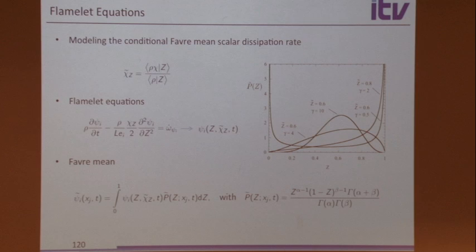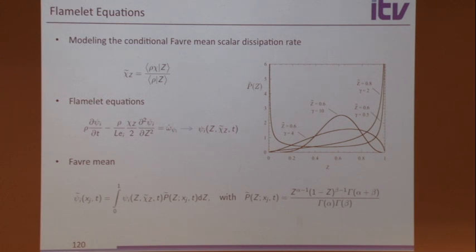And these are then relatively simple to handle, because earlier I said I need to solve these unsteady equations for every point in the flow. Now I don't need to solve unsteady equations anymore. I can just look at these equations. If I neglect the unsteady term, these equations have only one single free parameter, this dissipation rate.